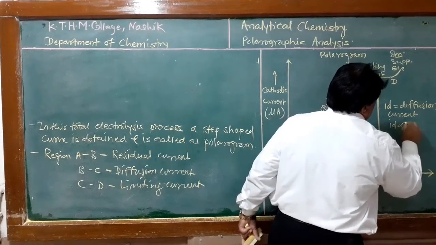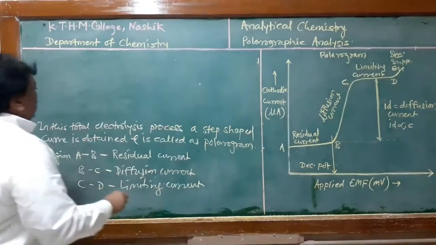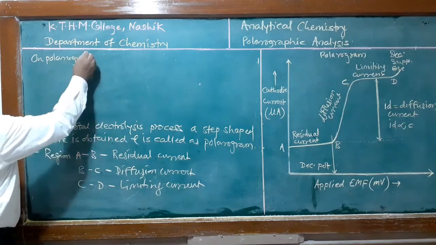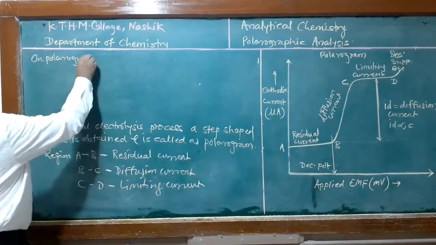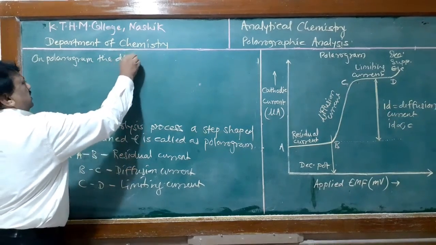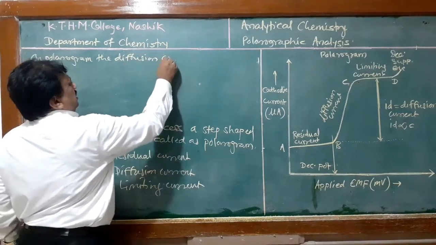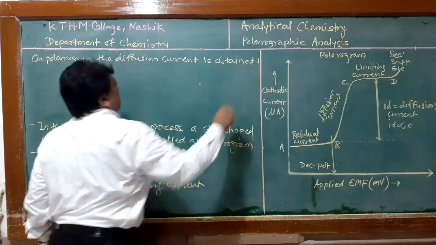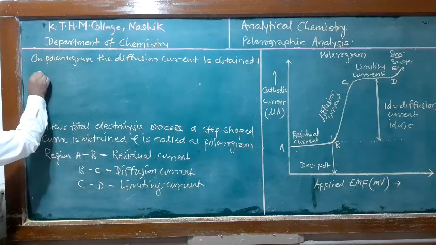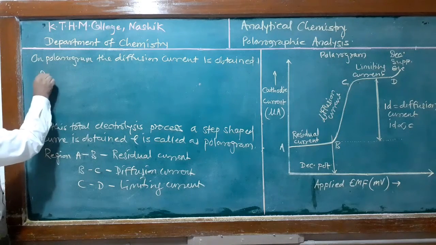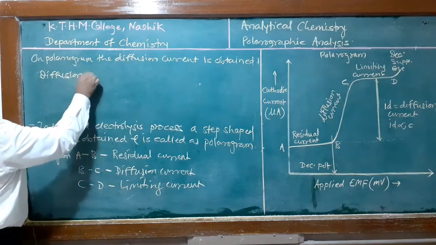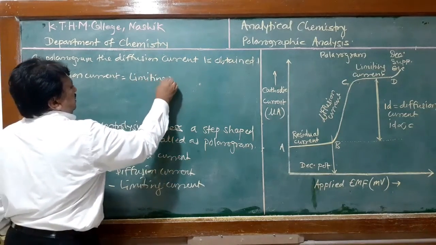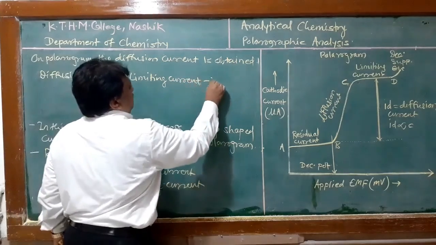Here ID is directly proportional to C. On the polarogram, the diffusion current is obtained by subtracting: diffusion current is equal to limiting current minus residual current.